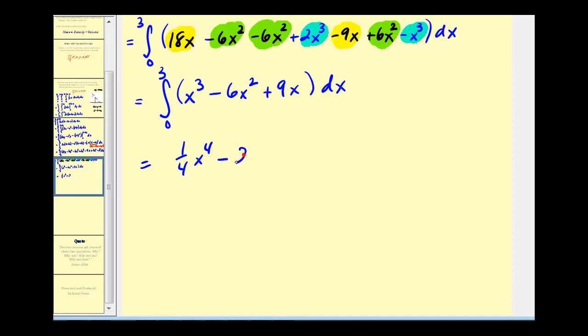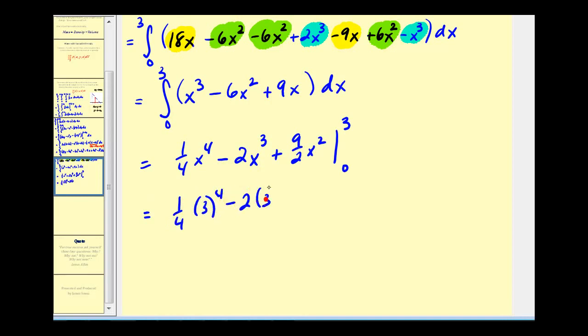That'll be minus 2x to the third. And here we'll have plus 9/2 x squared. Evaluate this at 3 and 0. And then when x is 0, we'll have 0.